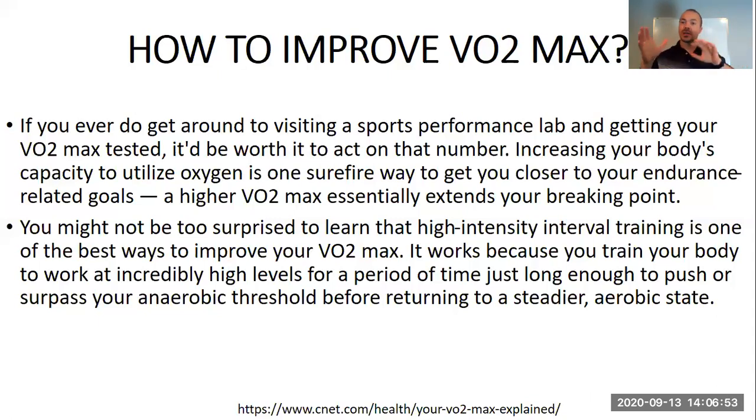And again, just like we've talked about so much so far in this program, with resistance training, where strength is the roof of the building and power is the elevator within it, our VO2 max is going to be like the roof of a building, with our anaerobic threshold being that elevator underneath. And the higher your roof is, the higher your elevator can go.